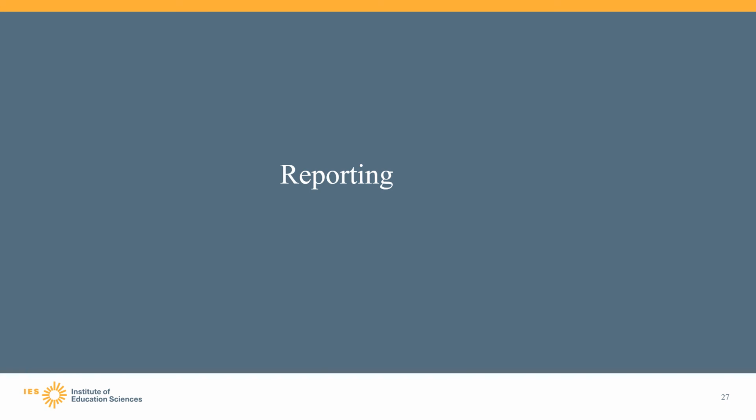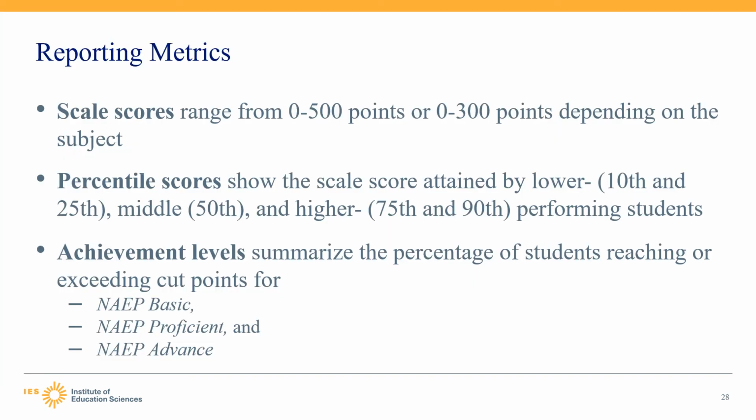Let us transition to NAEP reporting. NAEP reports scale scores, percentile scores, and achievement levels. Scale scores range from 0 to 500 for mathematics and reading at grade 4 and 8, or 0 to 300 for other subjects.